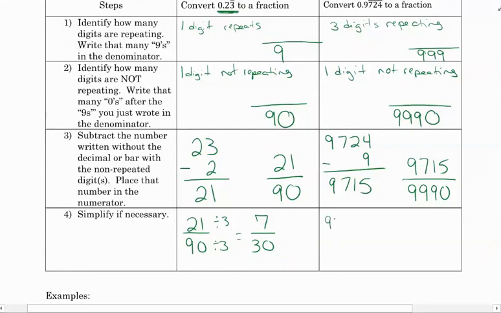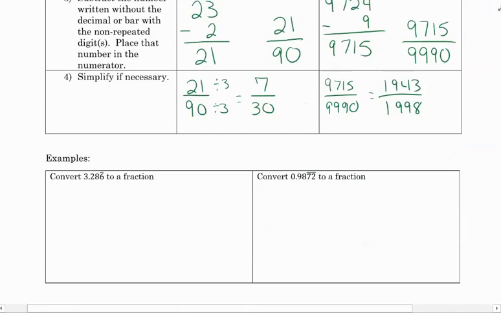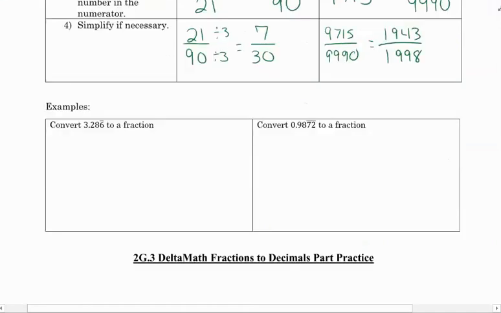So 9,715 divided by 5, and 9,990 divided by 5. And at this point, I am okay with you using a calculator to help you simplify, because these numbers can get quite large. So if you do need to grab a calculator to help you reduce, that is okay.